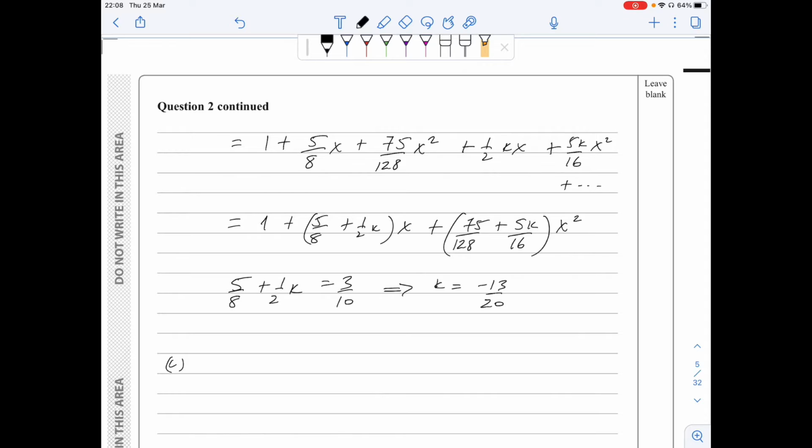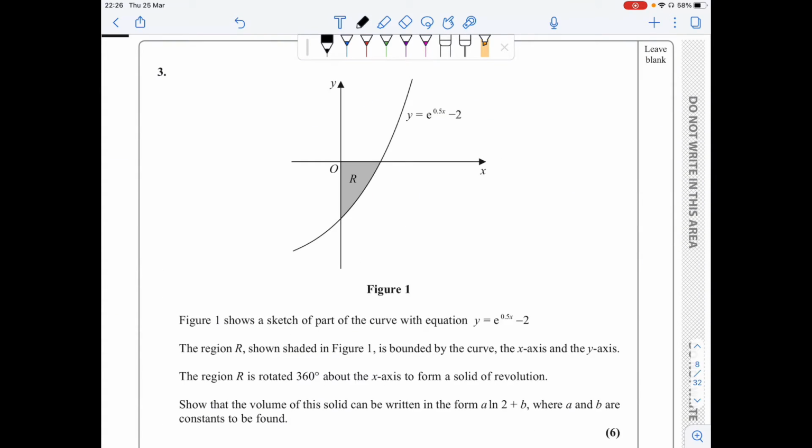And for part C, 75 over 128 plus 5k over 16 equals m. I can use the value of k from above. m comes out to be 49 over 128.